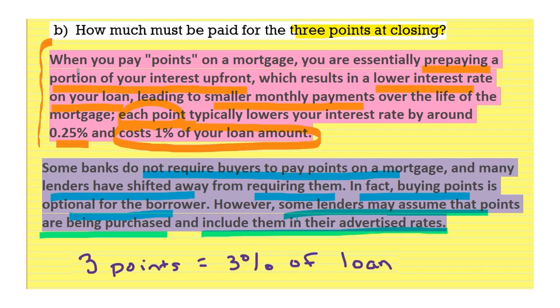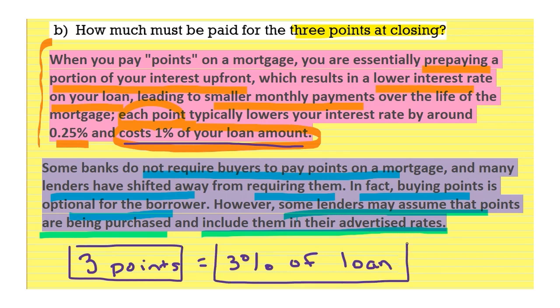But according to this information we were given, the cost of their points is 1% of the loan, which means that 3 points would be equal to 3% of the loan. 1 point would be 1% of the loan, 2 points would be 2% of the loan, and 3 points would be 3% of the loan. But our problem specifically said that it is a 3 point requirement to be paid at the closing.